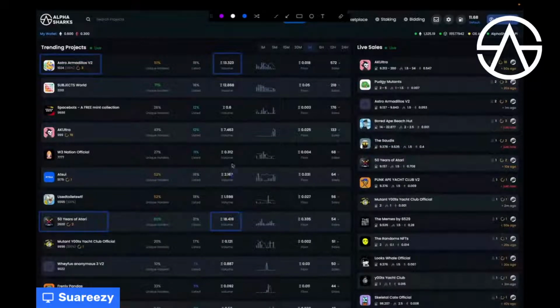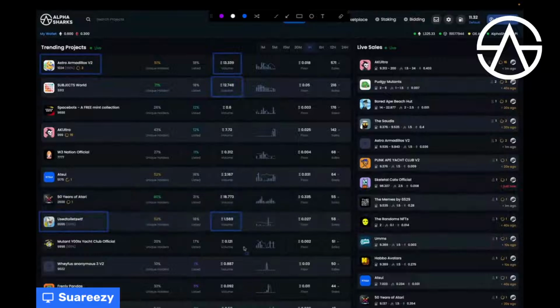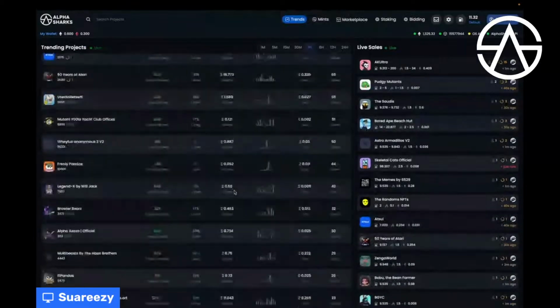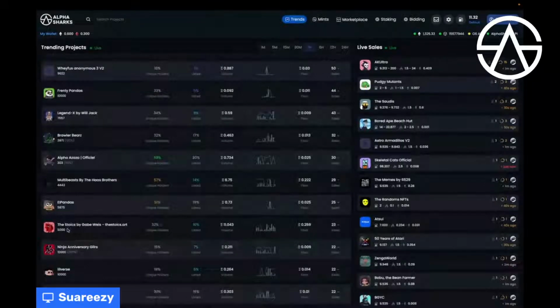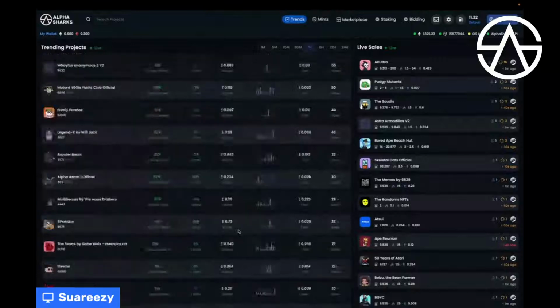So we know this is one we want to keep an eye on today, and obviously within the hour, because it has double-digit ETH volume traded. Subjects also has double-digit ETH. Let's see what else we got. Stoics with 11 ETH volume traded.